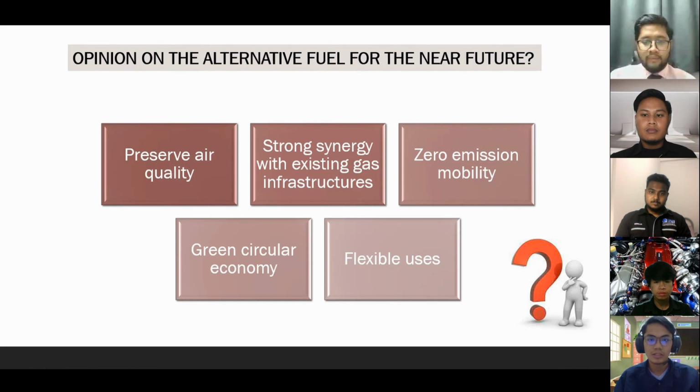Second, strong synergy with existing gas infrastructures. Next, zero emission mobility, green circular economy, and flexible use. As you can see, this is a very good result for biomethane, and in my opinion, it is very good to be applied in the near future. That's all. Thank you.